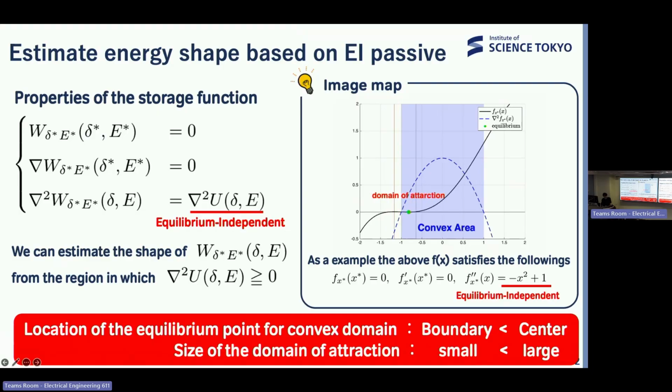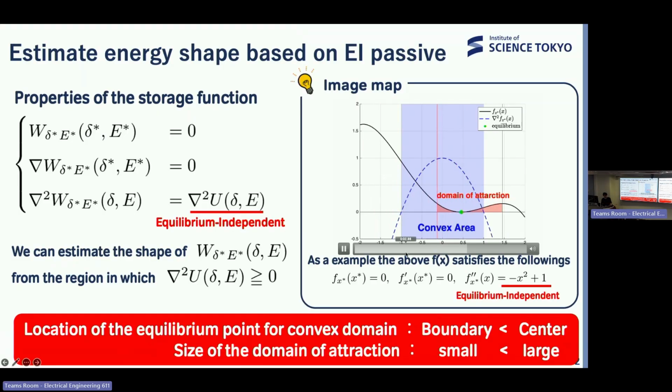So for example, where the Hessian of the energy function is convex is the blue area, and when the equilibrium point moves around here, the storage function becomes the black line.